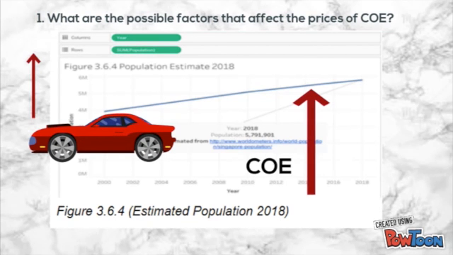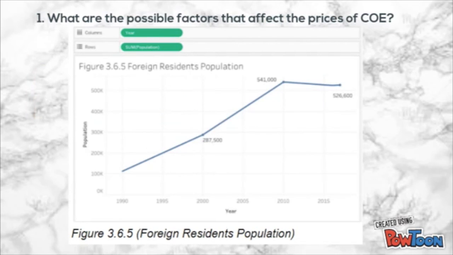There has been an increase in foreign population entering the country, even though there is a decreasing number of foreigners entering the country. Based on the Department of Statistics Singapore, the number of foreign residents increased from 287,500 in the year 2000 to 541,000 in the year 2010, and decreased to 526,600 in 2017.